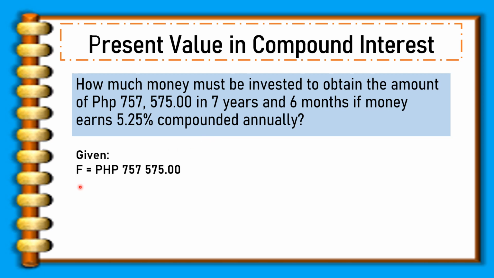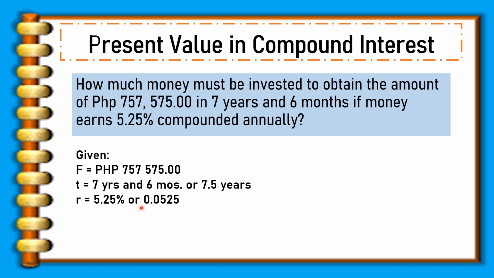Here are the given: future value of 757,575, term of 7 years and 6 months or 7.5 years, interest rate of 5.25% or 0.0525. Formula to be used, since you're asking about the money that must be invested: present value equals future value over (1 plus r) raised to time.